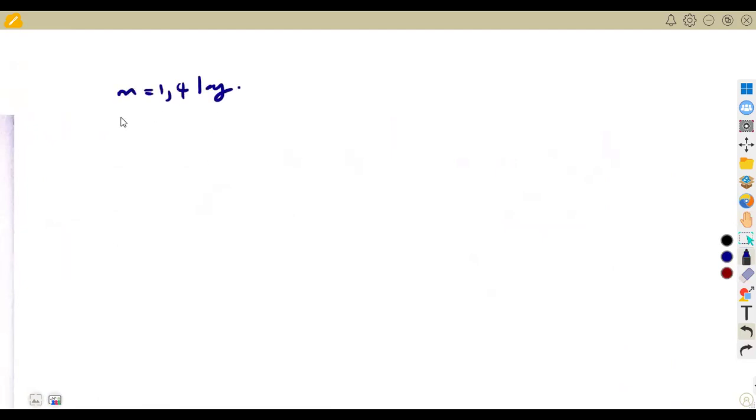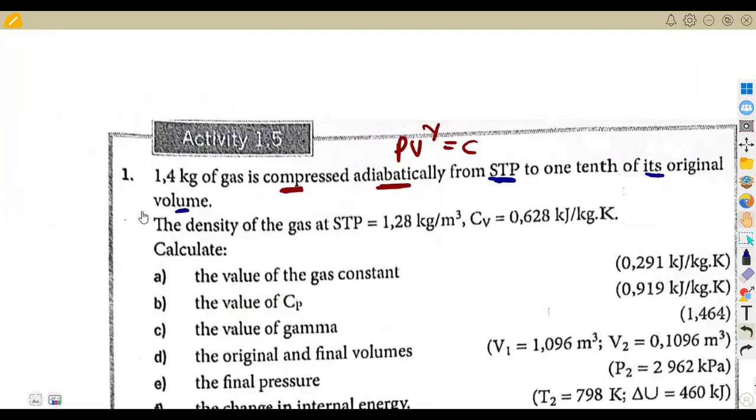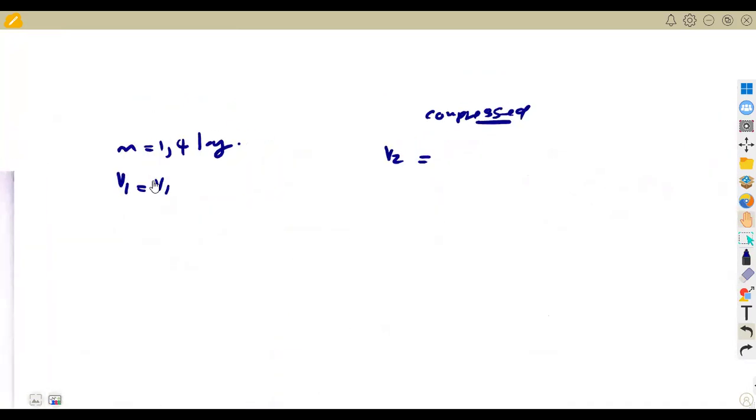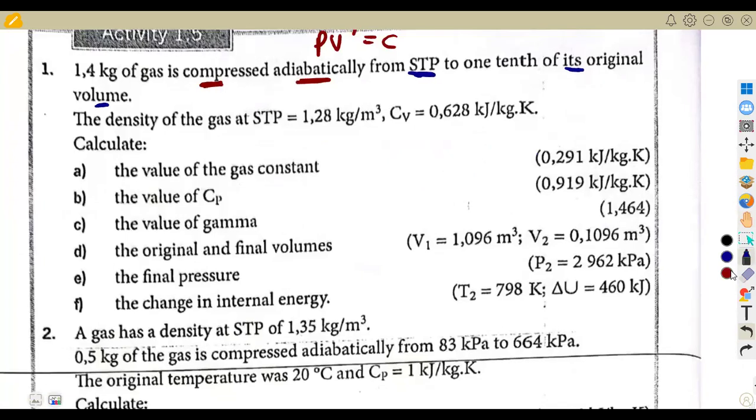At the initial condition we have V1, which we do not know. But V2, after being compressed, the volume changed to 1/10 of its original volume. So the original volume is V1, and V2 is 1/10 of V1. So that's it. Then we move on.